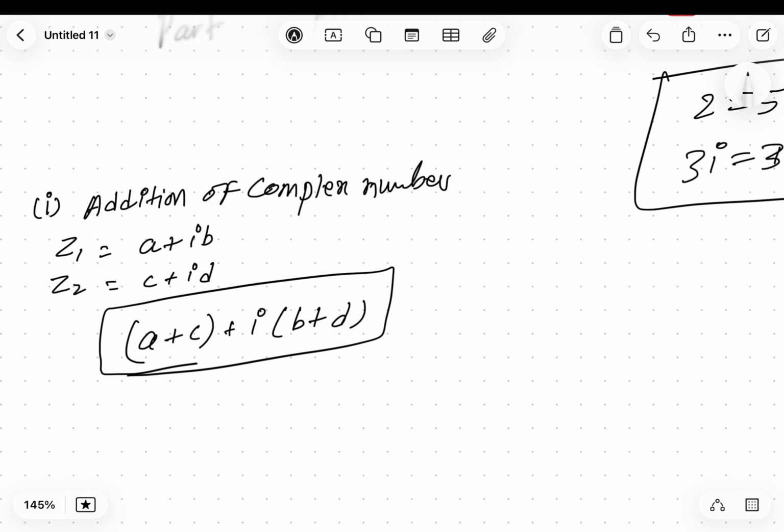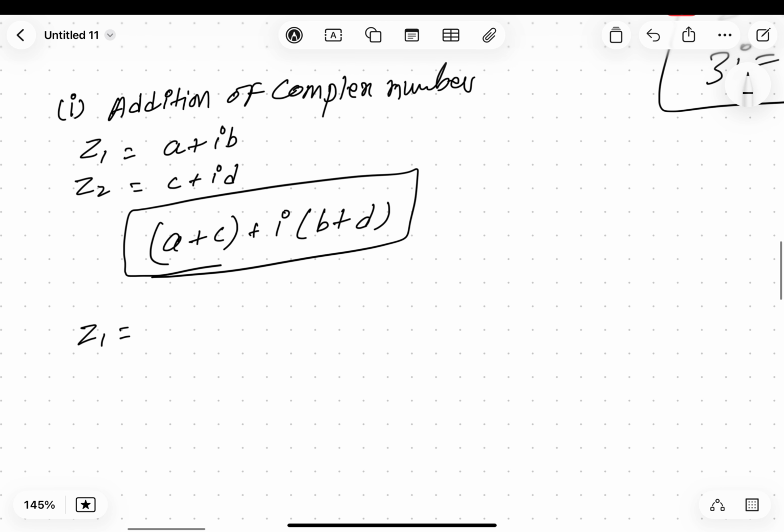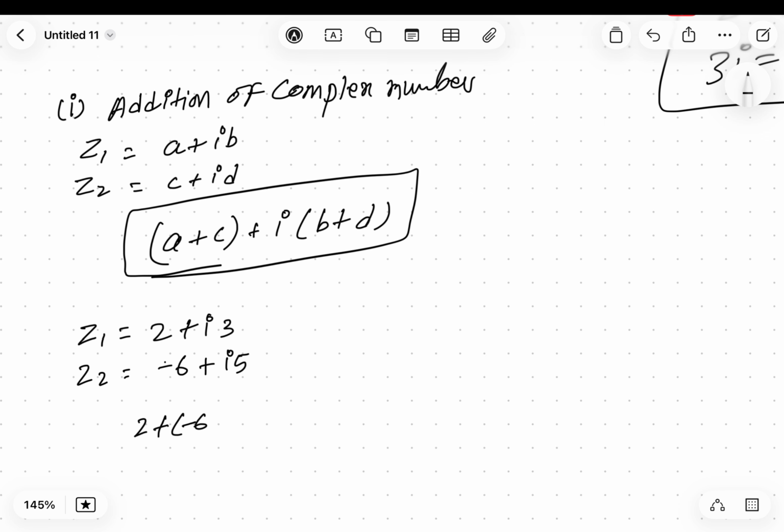So let's take one example here and find out. Suppose we have z1 equal to 2 plus 3i, this is also from the NCERT, and z2 equal to minus 6 plus 5i, and we have to add these. So we add a and c: 2 plus minus 6, plus i(b plus d). What is b and d? 3 and 5.